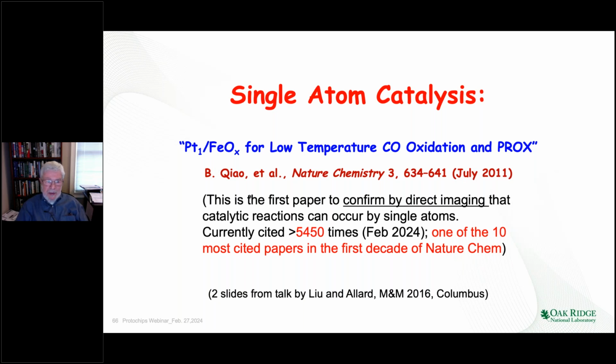And this was precipitated by a paper that we did in 2011 that I just checked has been cited this number of times since 2011, one of the 10 most highly cited papers in the first decade of Nature Chemistry.